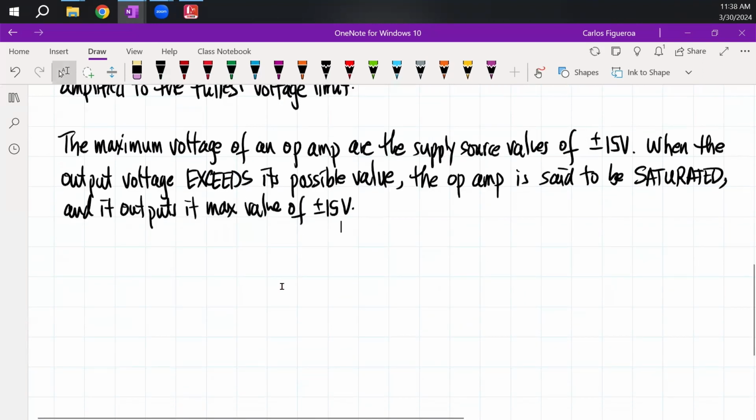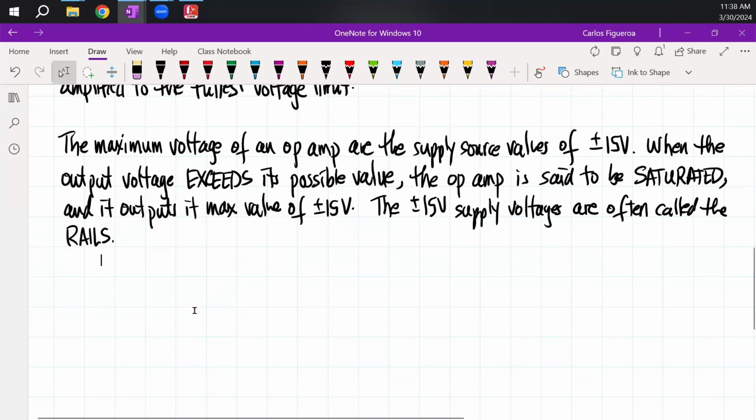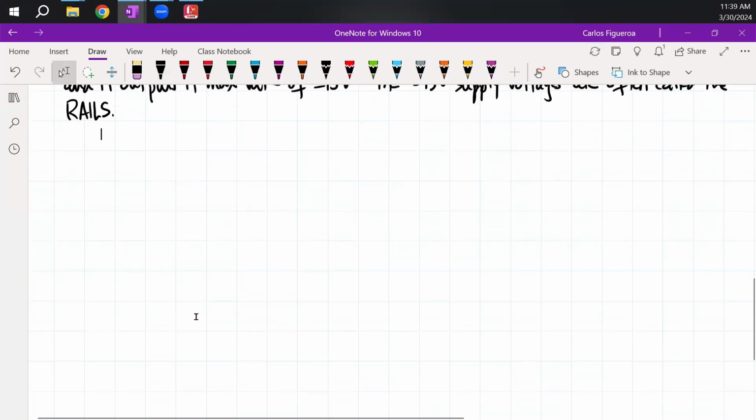So there's a language here. The plus or minus 15 supply voltages are often called the rails. And you'll see what we mean by that when we draw it out right now.